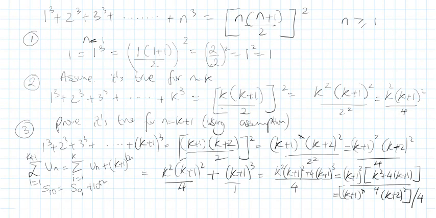So we've actually done the proof by induction. Usually you finish the question by saying that since it's true for n equal to k, it's also true for n equal to k plus 1, and therefore the formula is true for all values of n. That's how you would end the question.